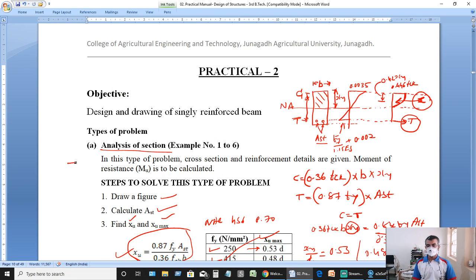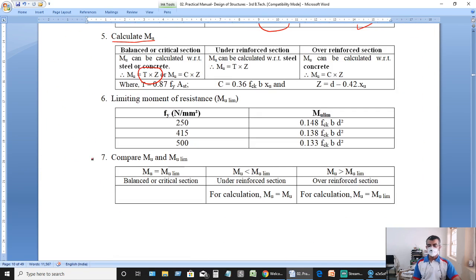Here you have two forces, one is a C force and another is a T force, and the distance between these two couple forces is Z. The overall depth here is capital D. So capital D minus 0.42 XU will be the Z, that is the lever arm between the compressive force and the tensile force.